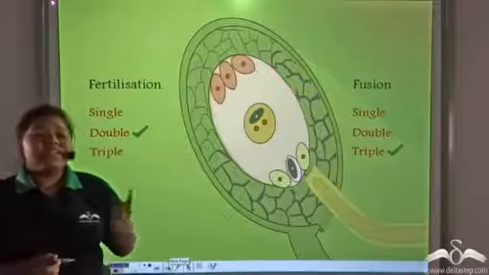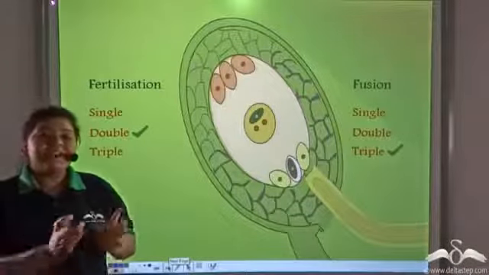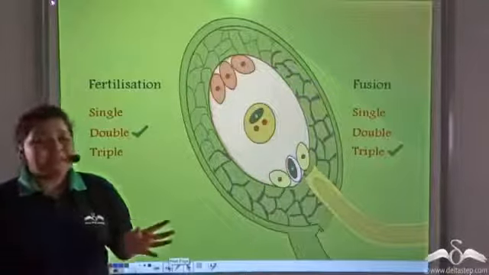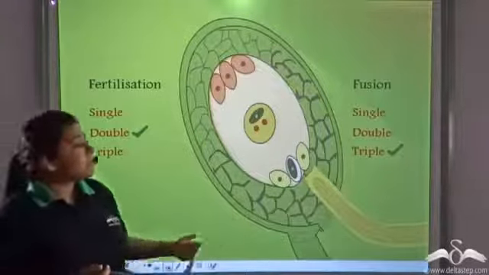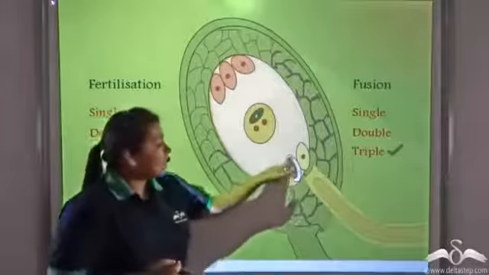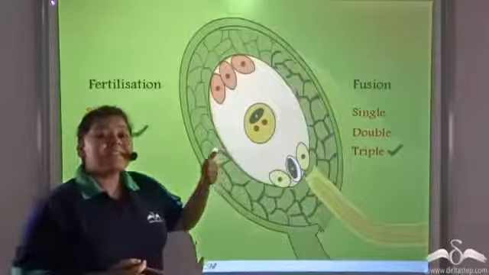So, one generative nucleus divides to form two male gametes. Now, one male gamete fuses with the egg cell to form a zygote.